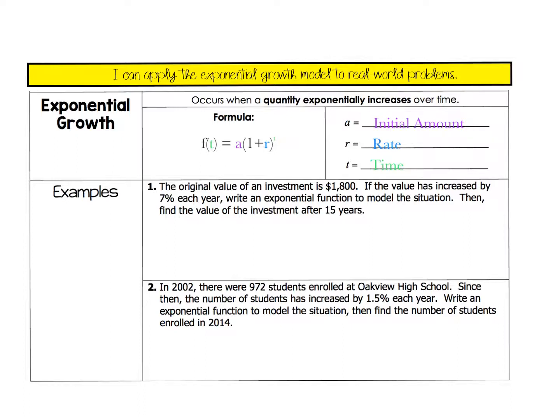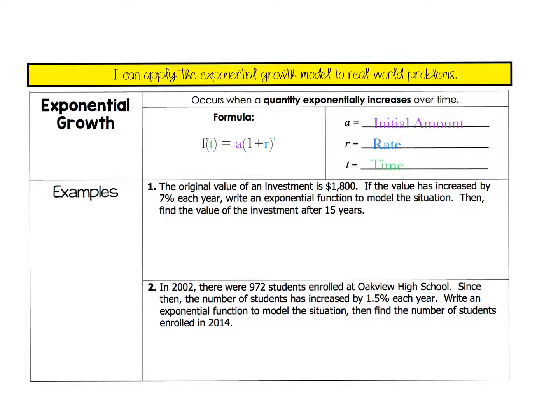If you think about it, 99% is 0.99, so 100% is 1. So 1 plus whatever the rate is, to the power of t, or time. So it's the initial amount, and then we have 100% plus whatever rate it's growing by, and we raise that to the time.